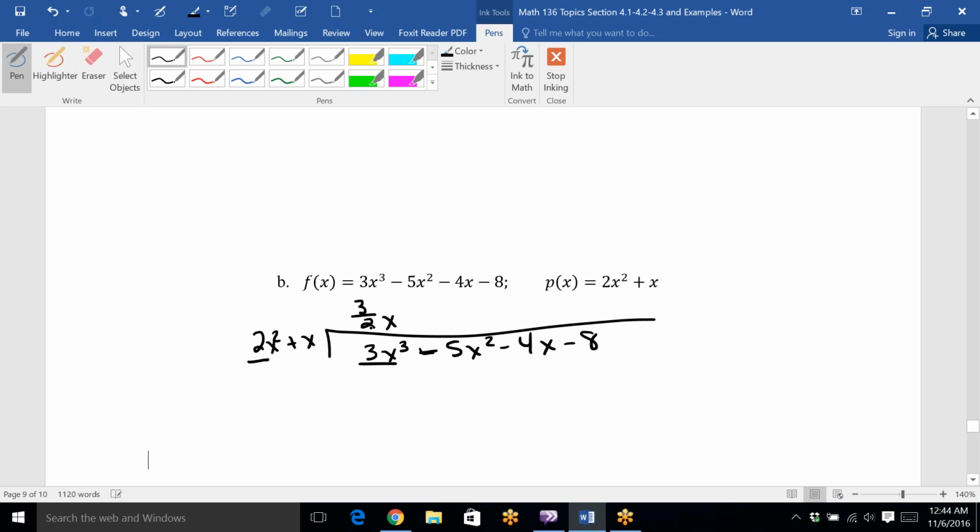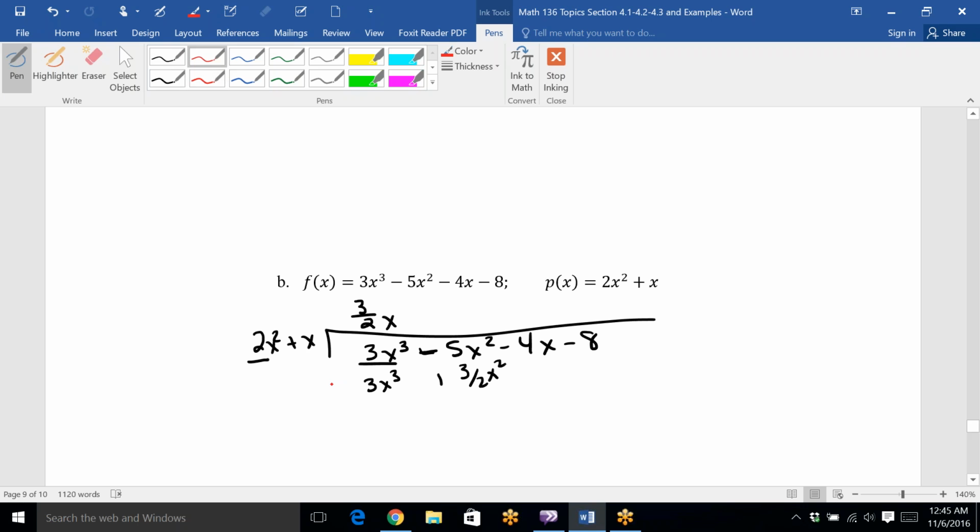So if we multiply 2 by this, that will, notice, cancel out the 2's and just leave you the 3. So 3/2 x times 2x squared would be 6 over 2, so that would be 3x cubed. And then this we have to multiply as well, so that would be positive 3/2 x squared.